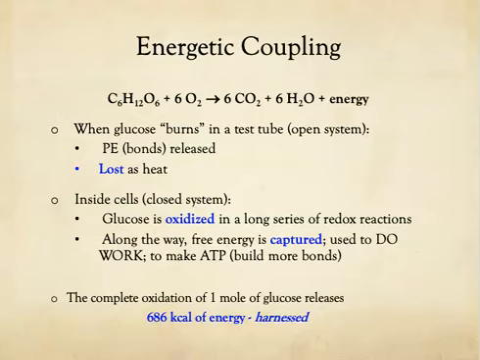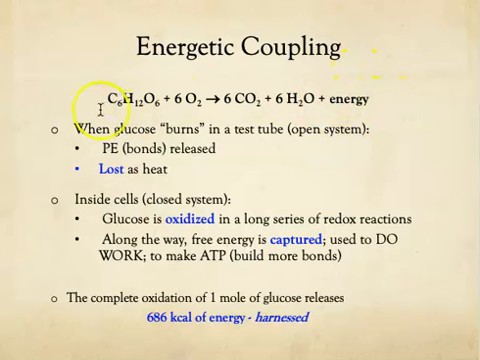Now, when we talk about energetic coupling, we can see it occurring in lots of different reactions inside of cells, because endergonic and exergonic reactions are going on all the time in living cells. Let's take a look at this reaction. C6H12O6, this is glucose, combining with oxygen to produce carbon dioxide, water, and energy.